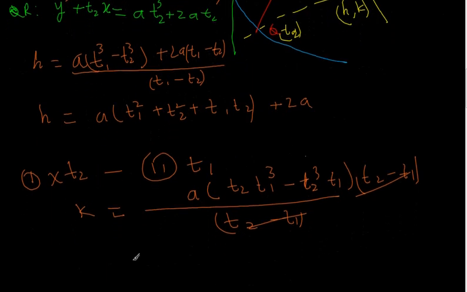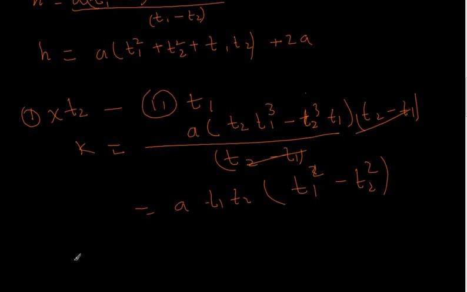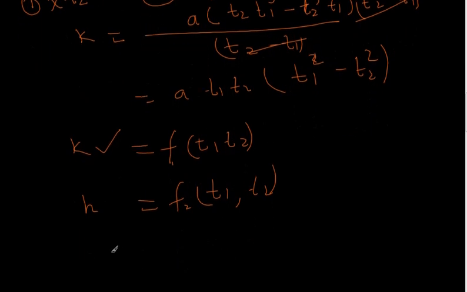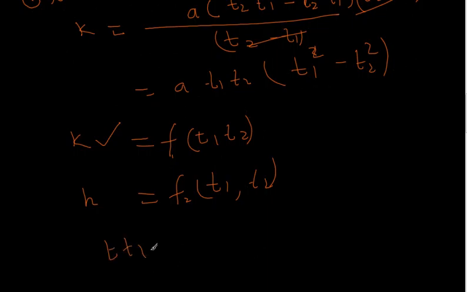What you will get ultimately is a T1 T2 (T1 square minus T2 square). This is a very important relationship: you got K in terms of a function of T1 T2, you got H in terms of a function of T1 T2, and you have the relationship between T1 T2.